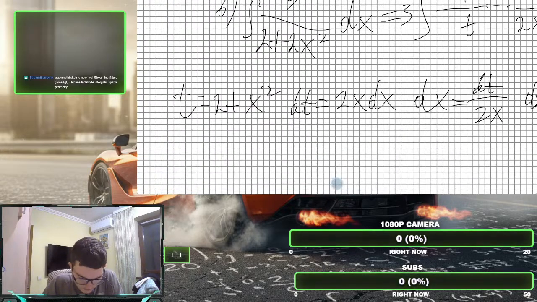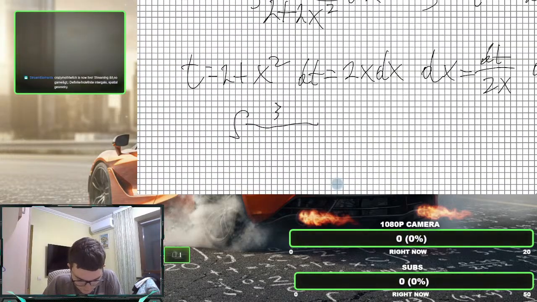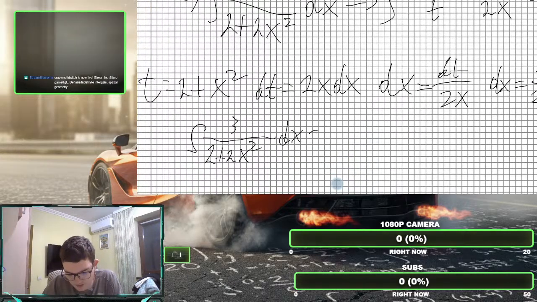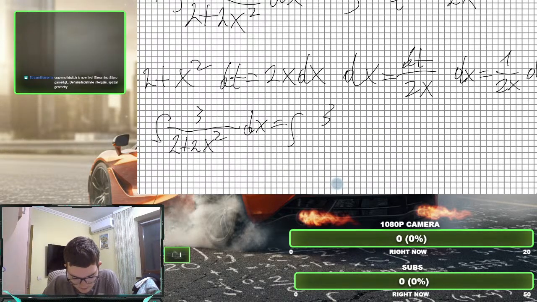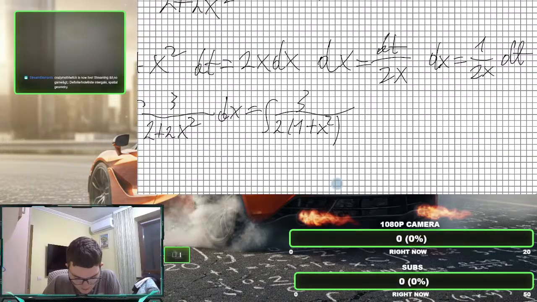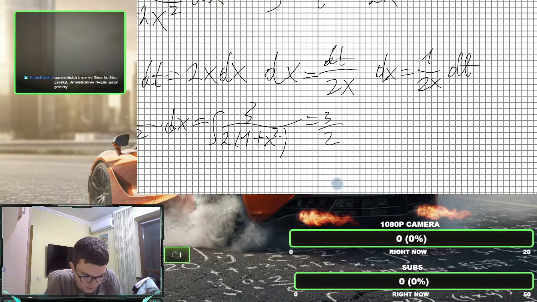So you have this integral again, 2 plus 2x to the second power dx, and you write it down again, but here at the bottom you put 1 plus x to the second power, just to factor the 2 out, and in the front you're gonna put 3 divided by 2, and what you have to integrate is 1 divided by 1 plus x to the second power, and essentially the formula for that is arctan x.